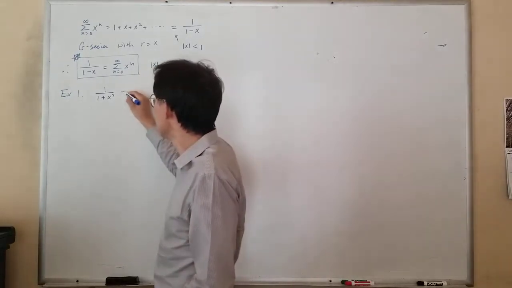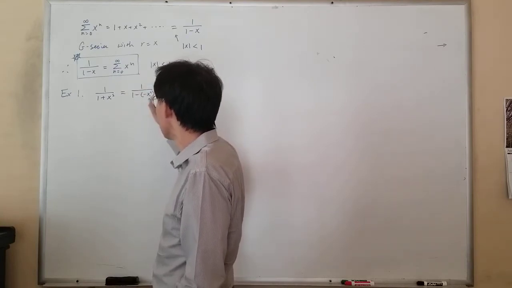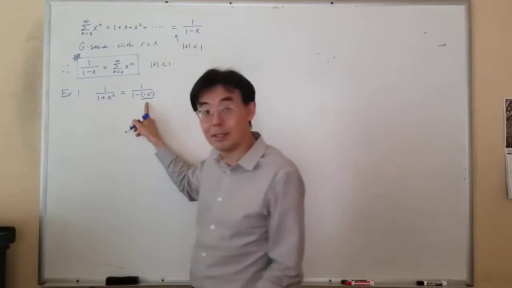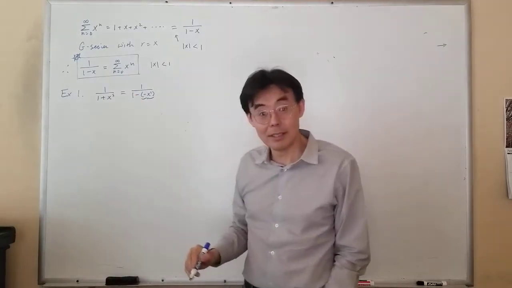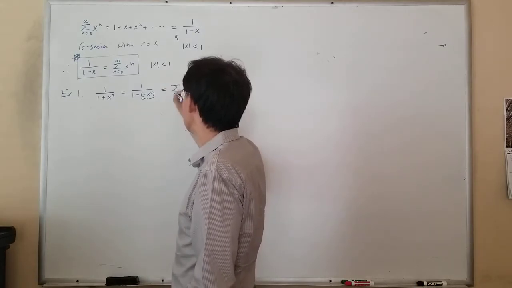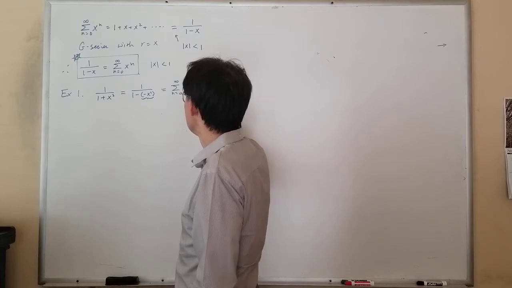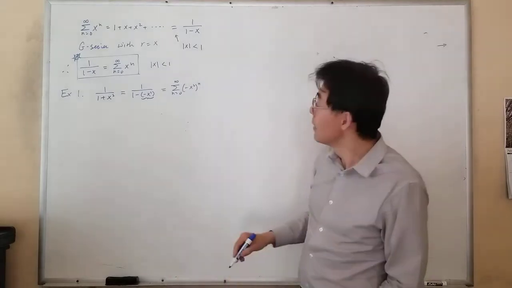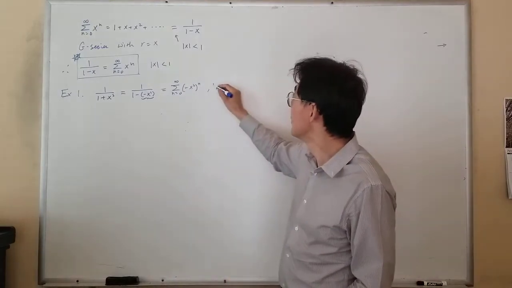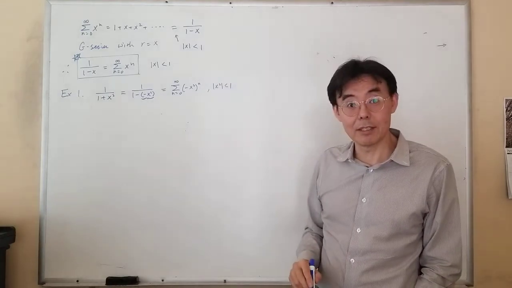So we want to write this one as 1 over 1 minus negative x squared. This is that something. So according to this, it means the sum of that something to the nth power, as long as the absolute value of that something is less than 1.